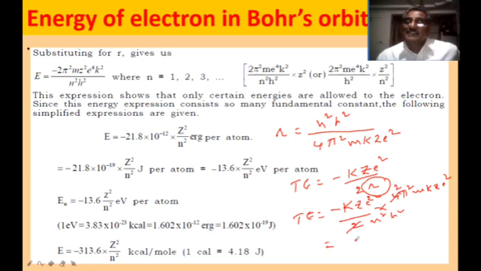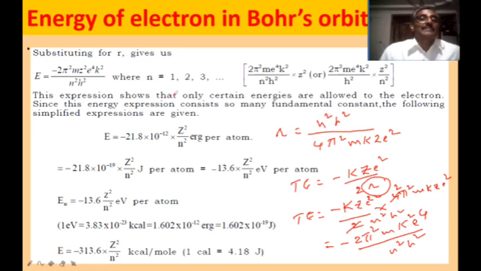So we can write this as minus 2 pi square m k square e to the power of 4 by n square h square. That is, we get this relation. Total energy is equal to this relation, where n is equal to 1, 2, 3 and so on.